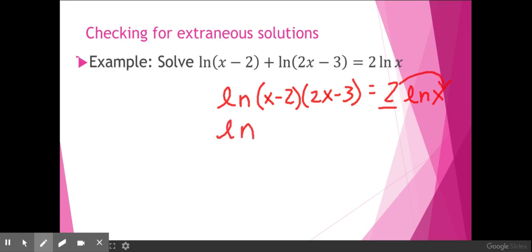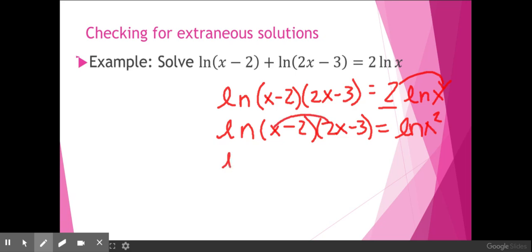Because in order for us to combine both sides, I want to have the same ln on both sides, so that we could set this equal to whatever this is. So now on this side I'm going to FOIL out.